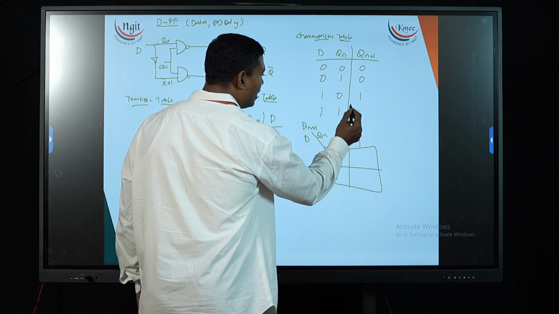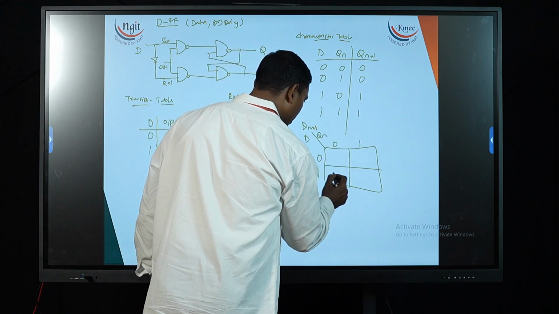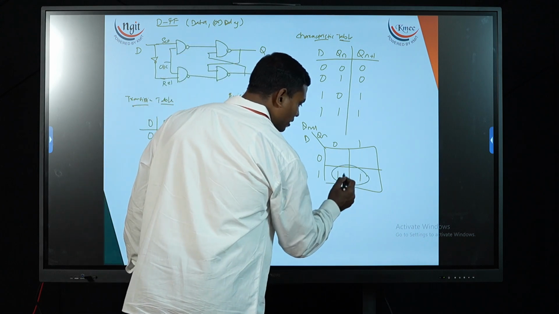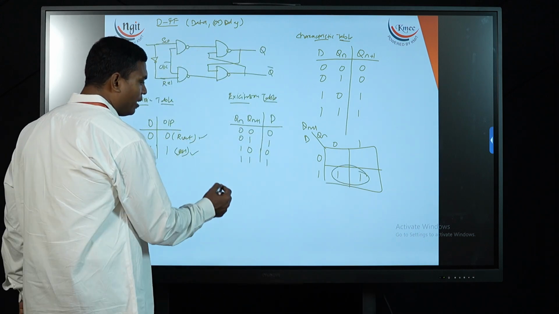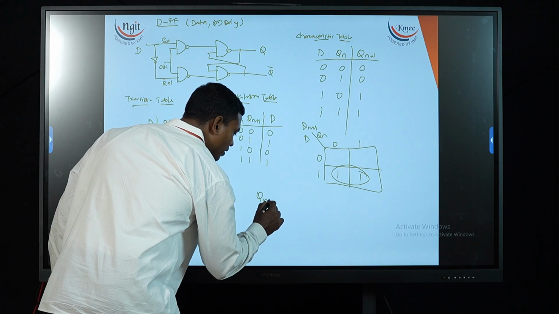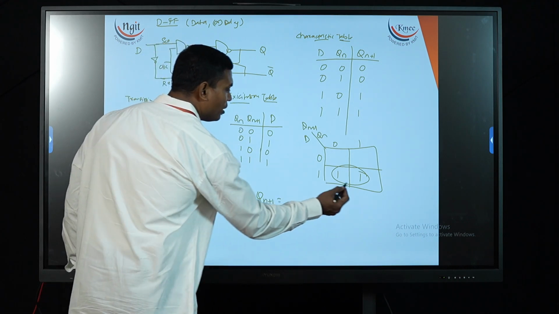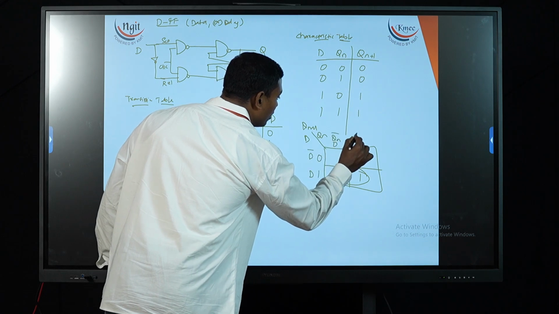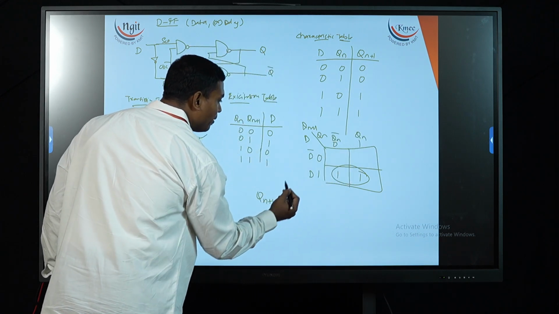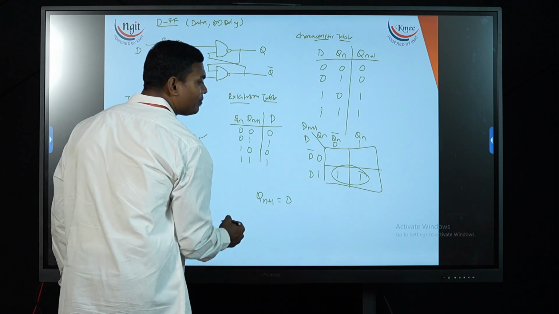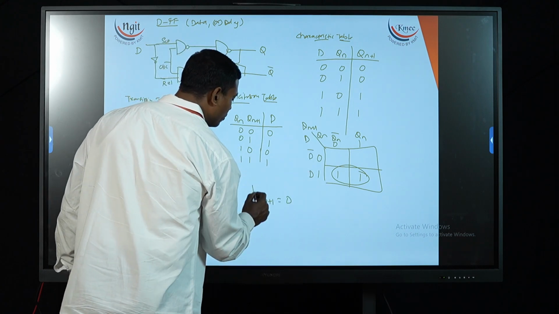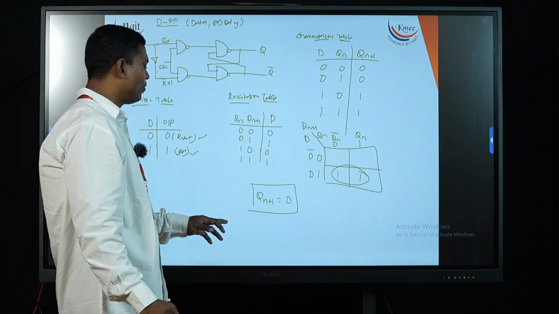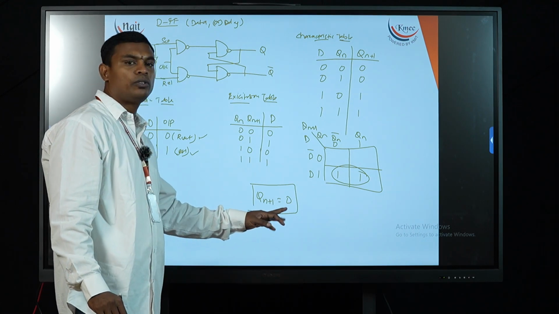So one values are at 1 0 and 1 1. 1 0 is this one, 1 1 is this one, right? So I can take a pair like this, right? So my Boolean expression for D flip-flop, Qn plus 1 is equal to, left side the value common is D, and on top it is changing, so I am not going to consider anything. So my Boolean expression for my D flip-flop is Qn plus 1 is equal to D.